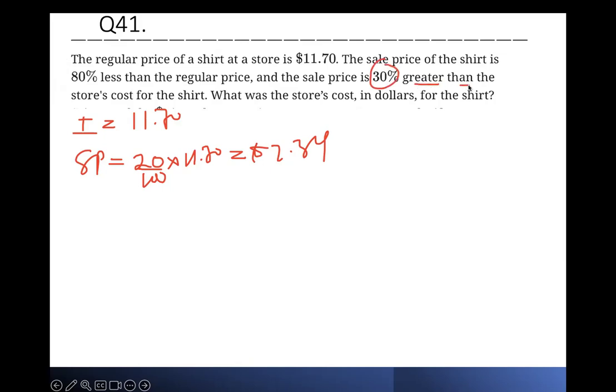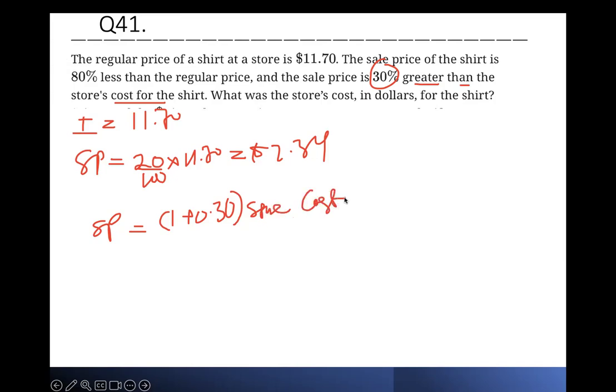The sale price is 30% greater than the store cost. Now you see the third one. That means the sales price has to be 30% greater than the store cost. If the store cost is a certain number, 30% greater means you've got to add 30% to it. That means 1 plus 0.30 of the store cost.